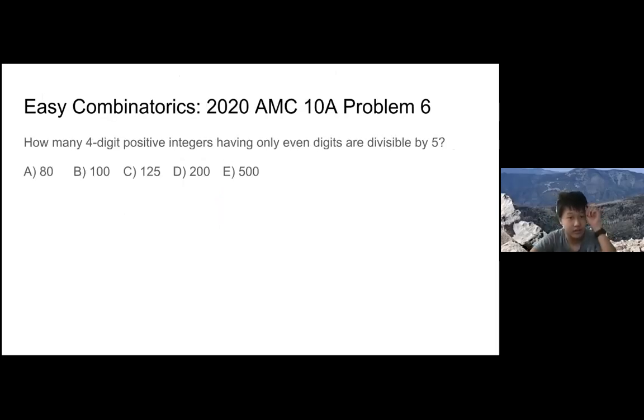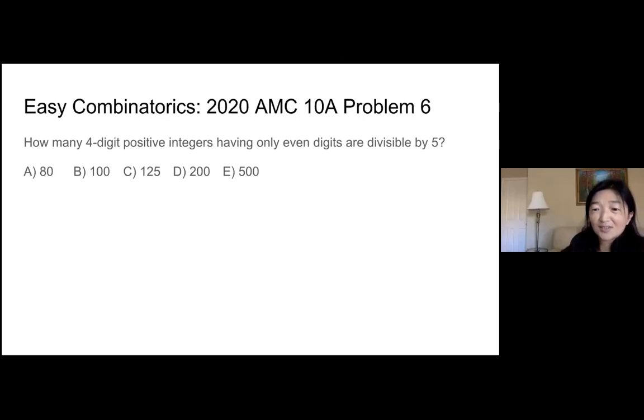We can move on to the easy combinatorics. How many four-digit positive integers having only even digits are divisible by 5? Anyone want to explain how they would do this problem? So William picked 200.